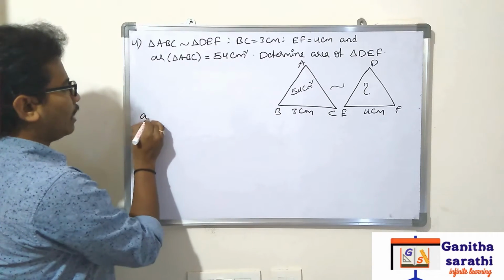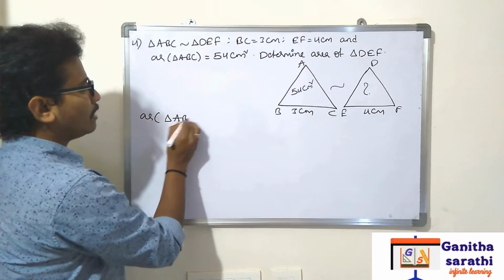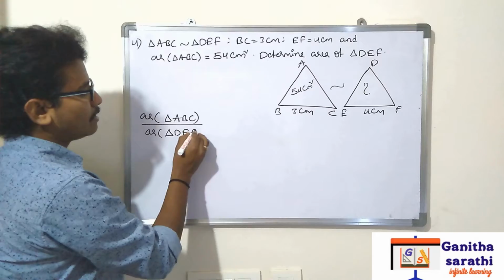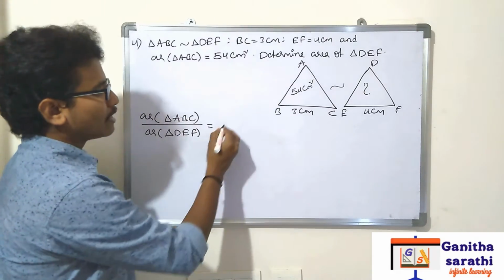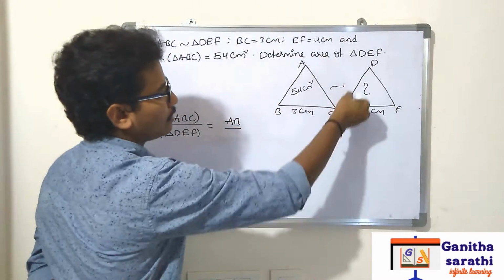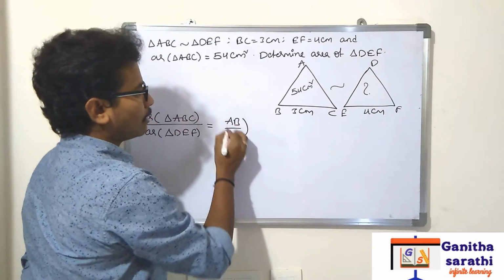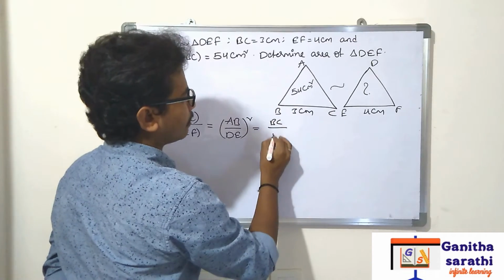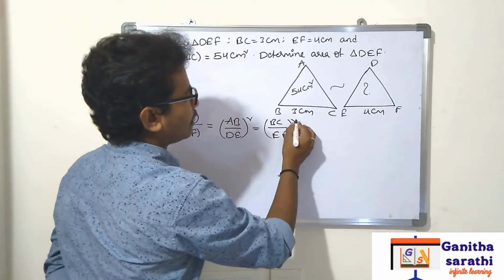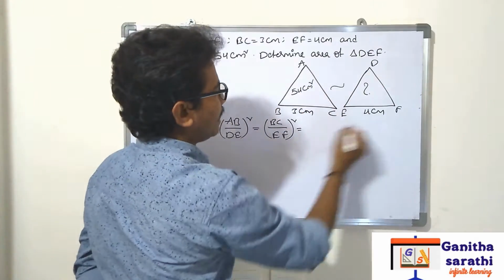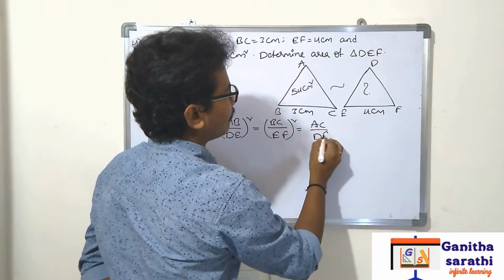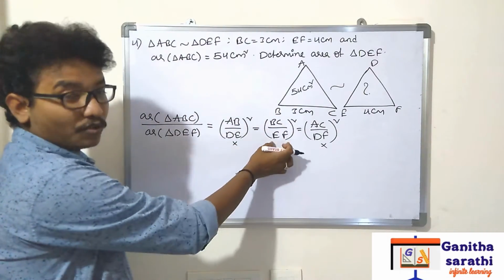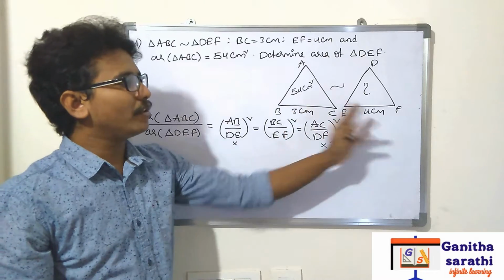Area of triangle ABC by area of triangle DEF is equal to AB by DE whole square, is equal to BC by EF whole square, is equal to AC by DF whole square. So no need of these two. We will use this one because we have the measurements for BC and EF.